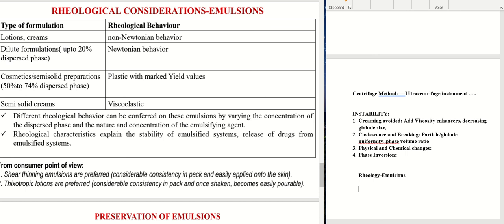Similarly, a few other semi-solids, creams and jellies exhibit both the characteristics of viscosity and elasticity, so they can be put together as a viscoelastic property. Now, is it really important to consider the rheological behaviors of various formulations? Yes, of course. If we get to know the behavior of these formulations, we will be able to decide the type of container.